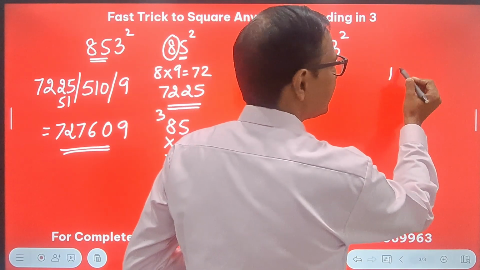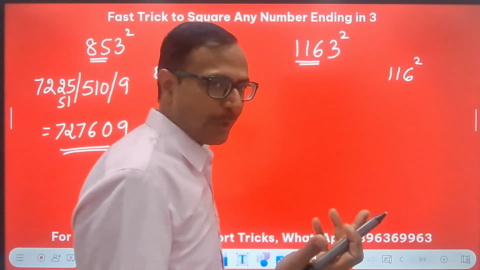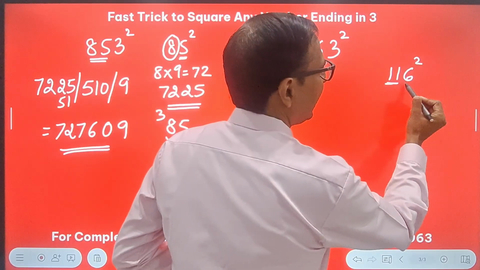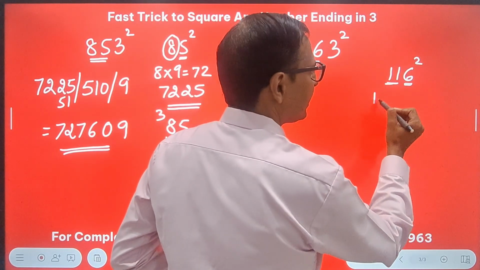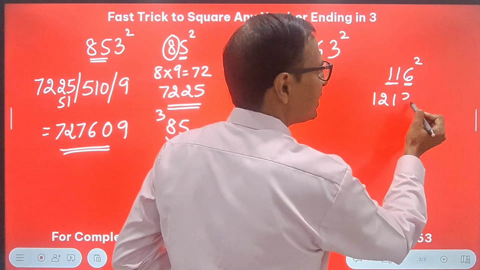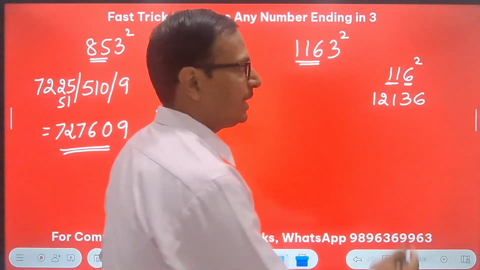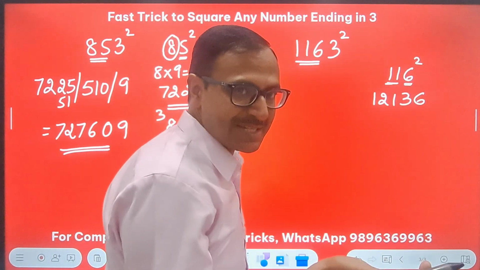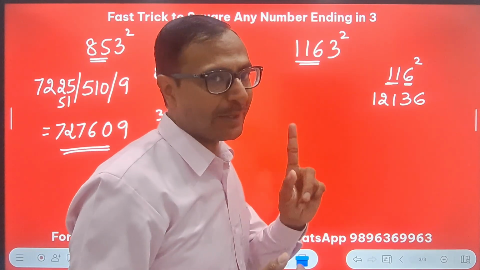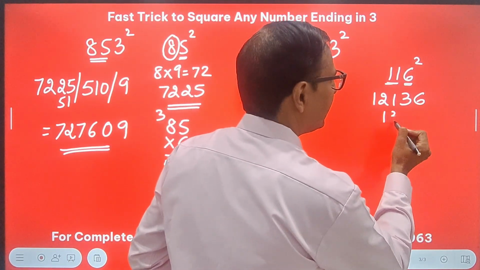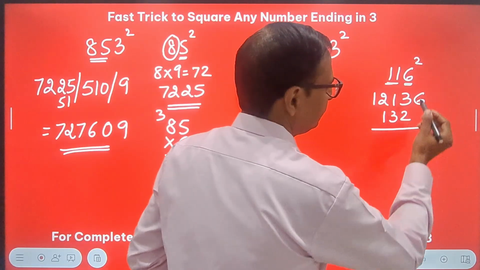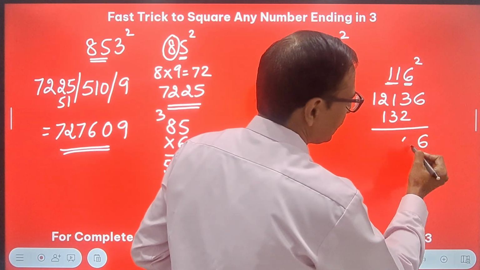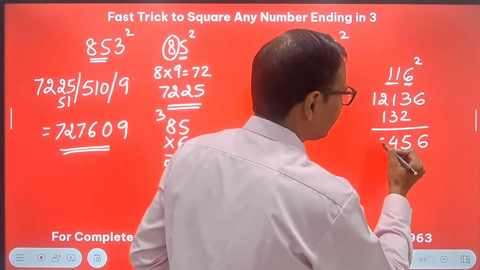So I need 116 square first. How do I do that? 11 and 6. 11 square is 121. 6 square is 36. 11 times 6 is 66. And double of 66 is 132, which I will write in the middle here. Add vertically, you get a 6, you get a 5, a 4, a 3 and a 1.